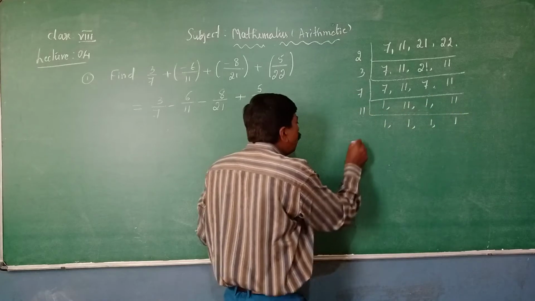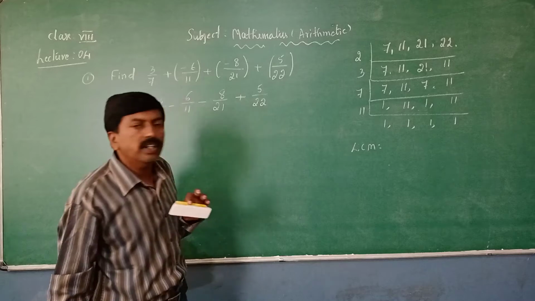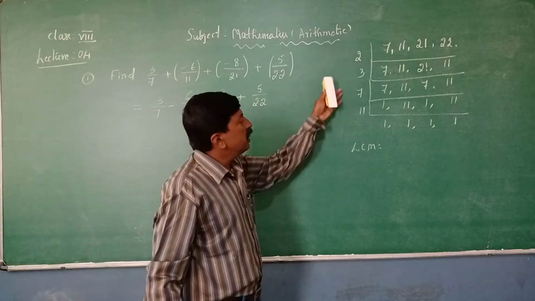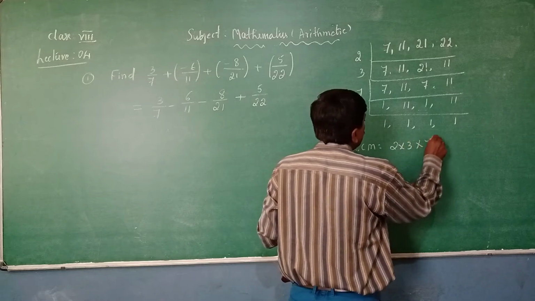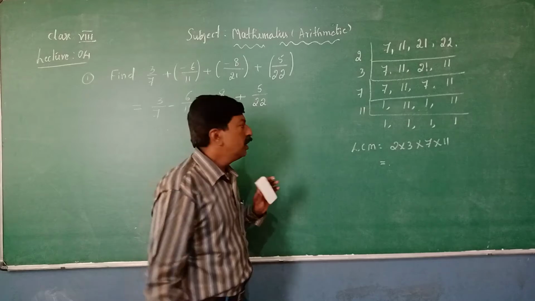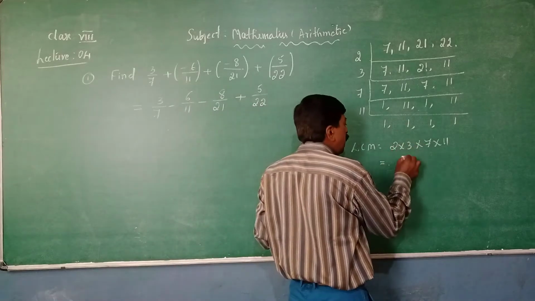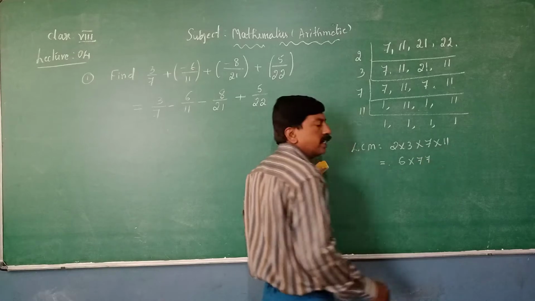Now what is the LCM of 7, 11, 21, 22? Find these factors: 2 into 3 into 7 into 11. Multiply these factors. 2 3s are 6, into 11 7s are 77.